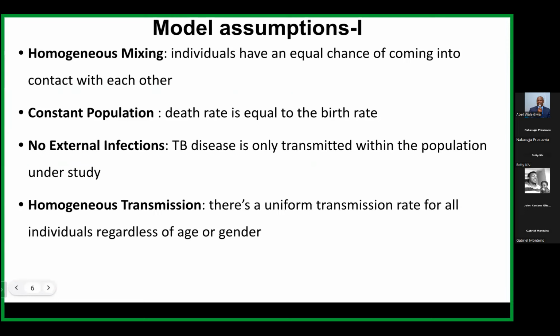I think you just have to say no exogenous infection. Exogenous, yes. Okay. Then you also have to tell us who is infecting S. Is it the E, or E plus I, or I? Who is infecting S?